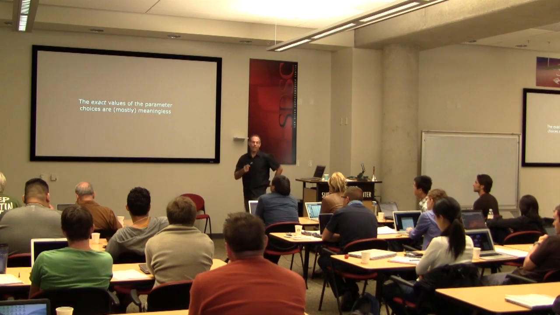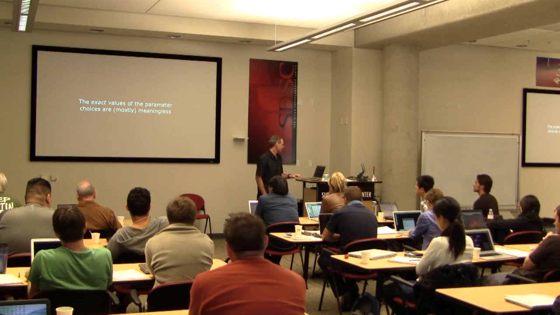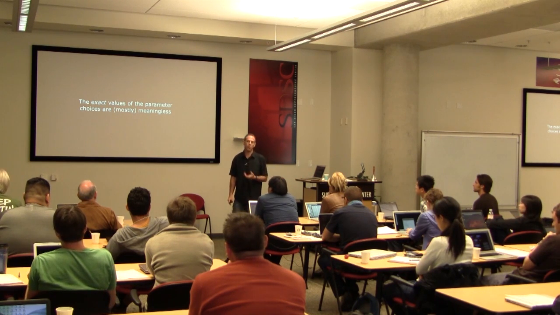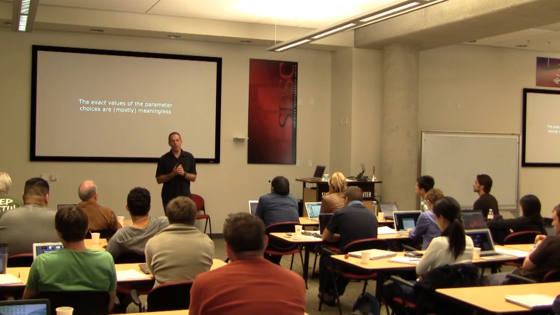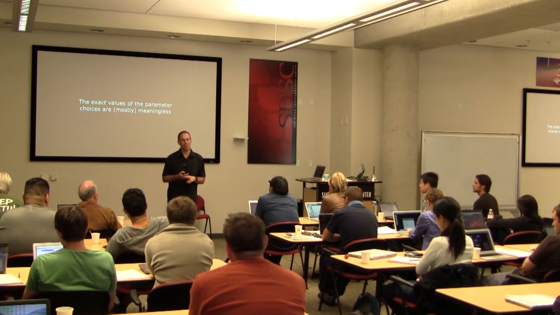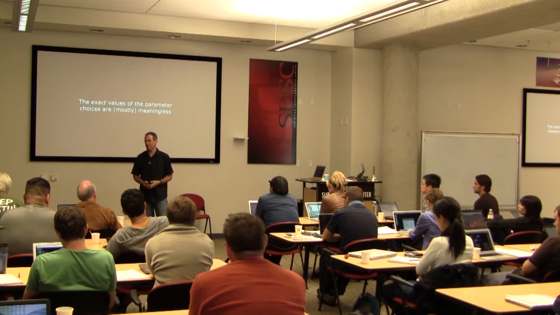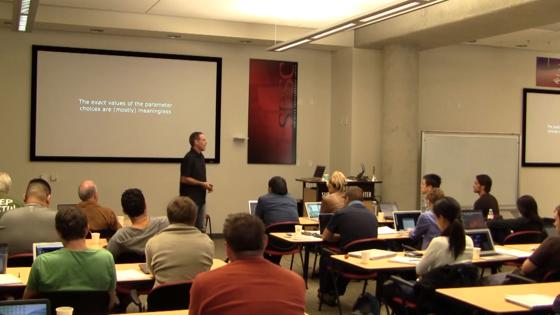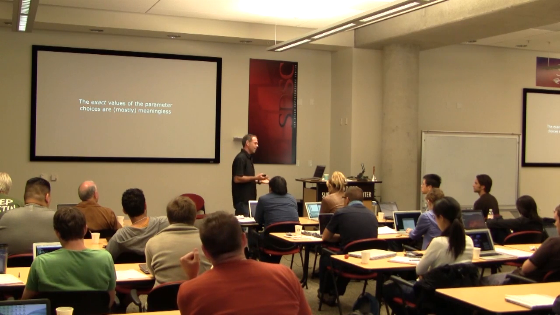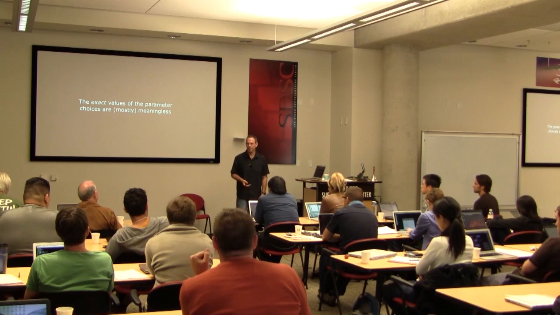All right, so let me emphasize again that the exact value of the parameters, the exact choices are mostly meaningless, right? So if you have a model for star formation, your star formation efficiency shouldn't be 800%. If it's 800%, there might be something wrong with your model, okay? It should be somewhere between 1 and 10%, with a favored value of a few percent now.